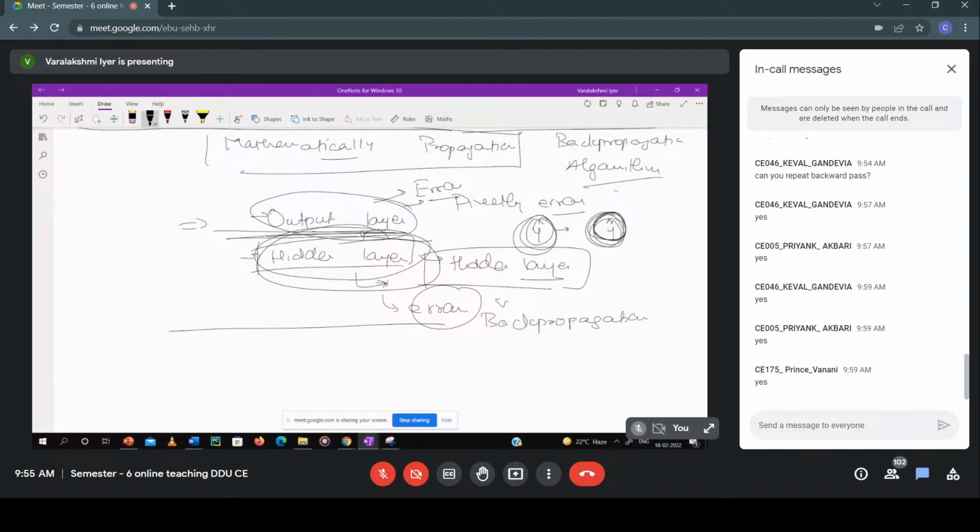The output layer error will be propagated backwards to the hidden layer, so that we can calculate the error associated with the hidden layer to update the weights of all the connections in the hidden layer. Are you getting the point, what I'm trying to say here?